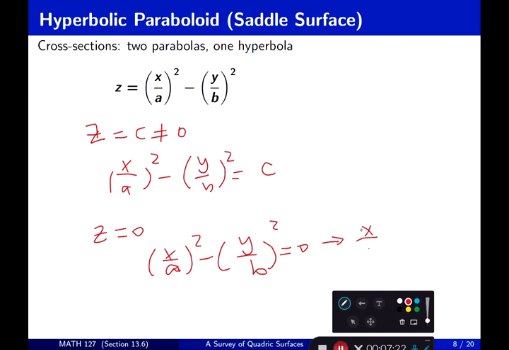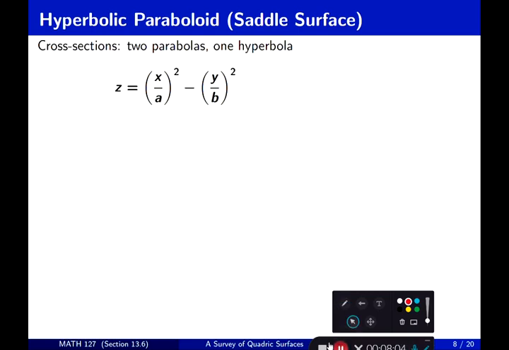So you get x over a is equal to plus or minus y over b, because when you take the (y/b)^2 to the other side, it becomes positive, and you take the square root and a plus or minus appears. This is two lines, basically, one with the plus, one with the minus, and they intersect at (0, 0, 0).